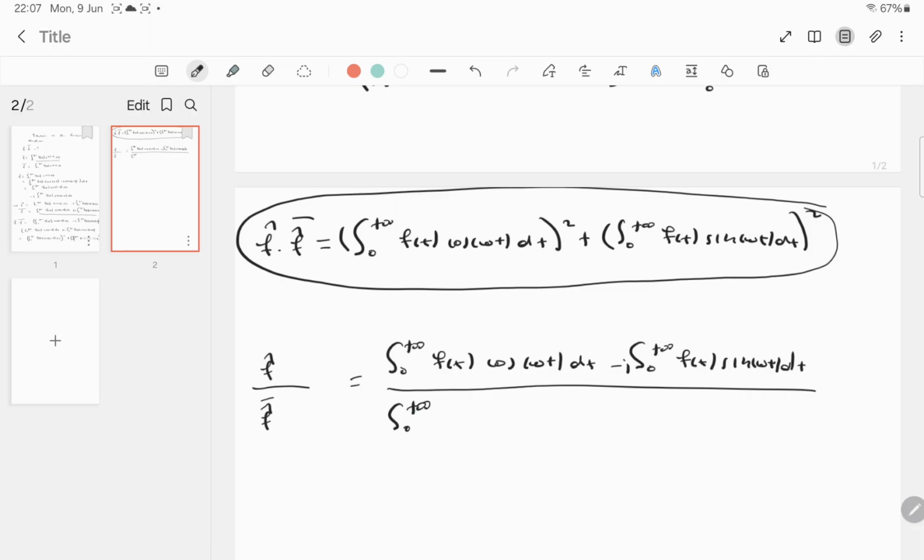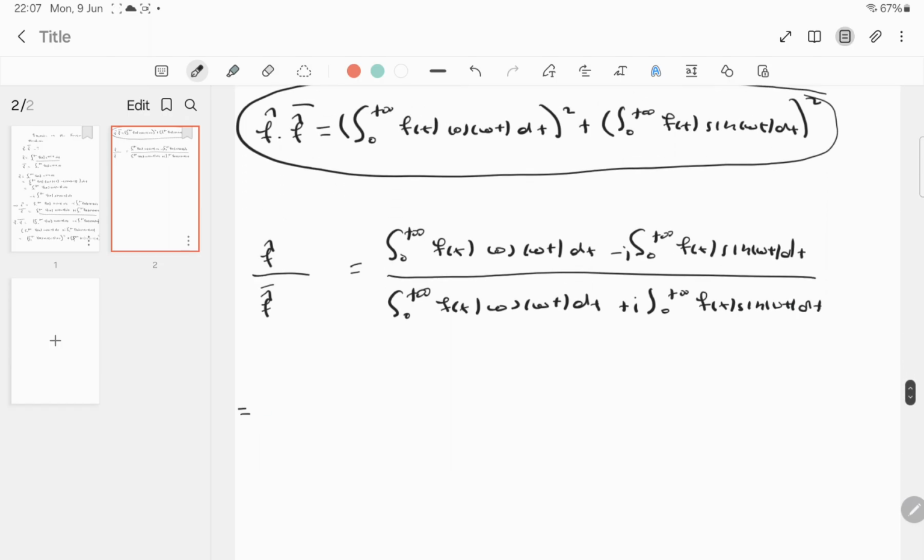These are two conjugate complex numbers. So I have to multiply the denominator by its conjugate complex number. The numerator stays the same.